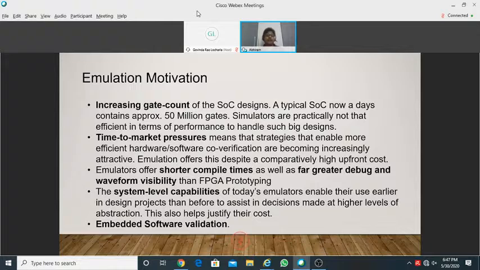For all those reasons, emulation is very useful to catch bugs even before we tape out the silicon. They also offer shorter compile times. If you're compiling an HDL model, VHDL or Verilog, for a decent SOC, it typically takes 4 to 5 hours of compilation, and for a bigger SOC much more.